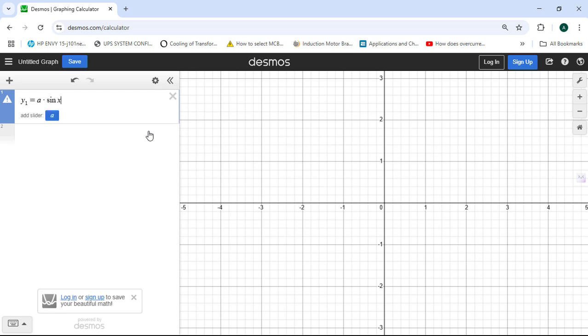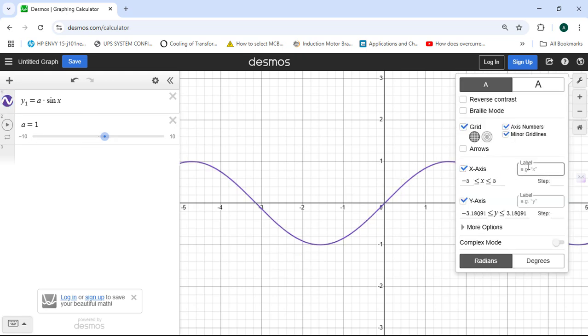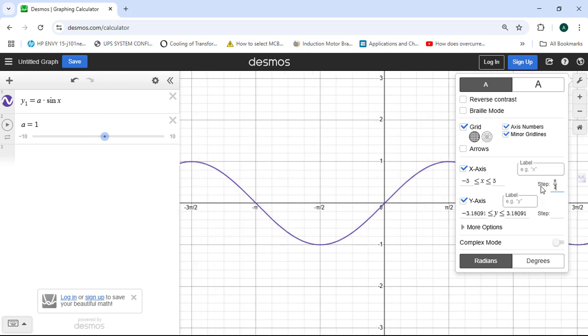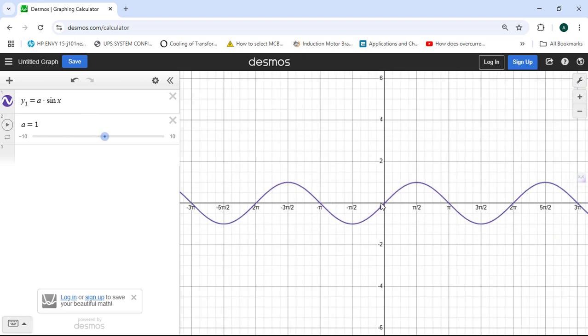Here I will add A as a constant value. And as you can see, we have here a sine wave. From graph settings, let's change the step to pi over 2. And as you can see, our sine wave starts from 0 and ends at 2 pi. So this is our voltage sine wave.